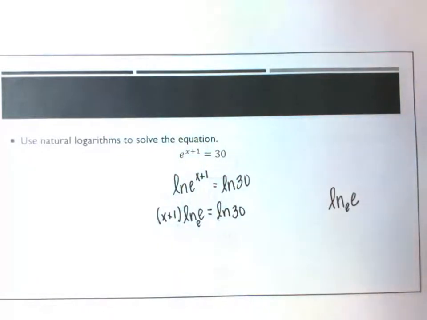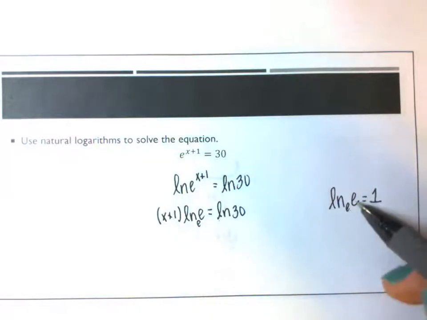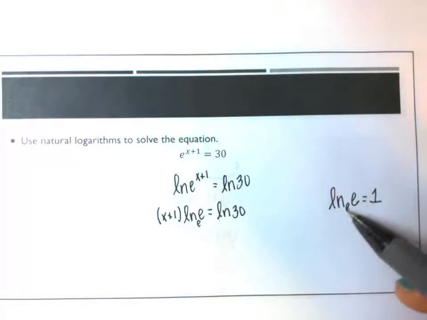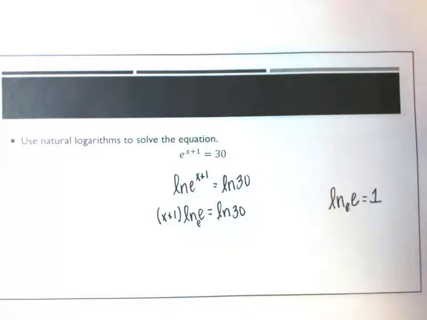What is it? It's 1. Anytime I have a base and the number the same, it's going to be 1 because e to the first power is itself. Log base 2 of 2 would be 1 because 2 to the first is 2.